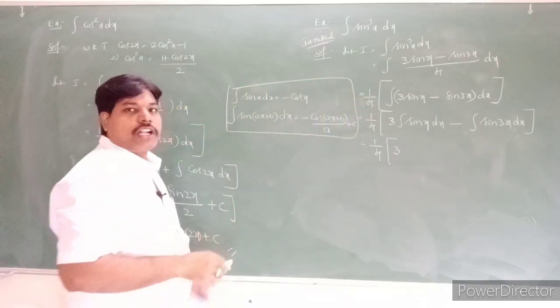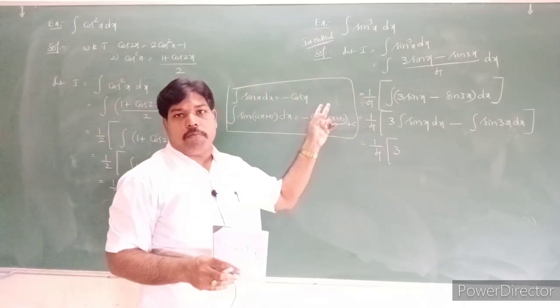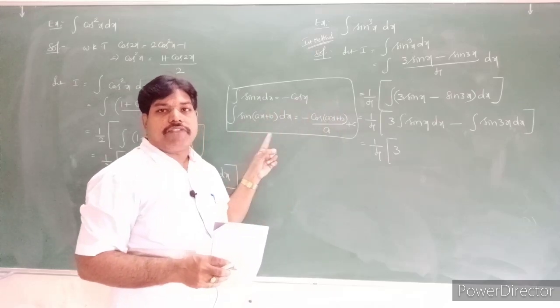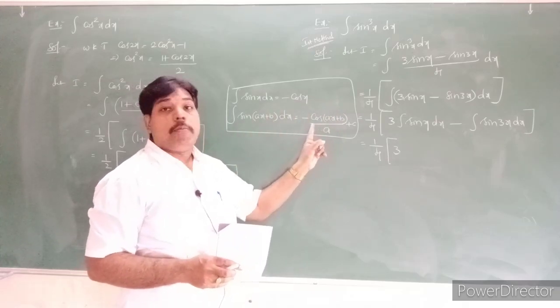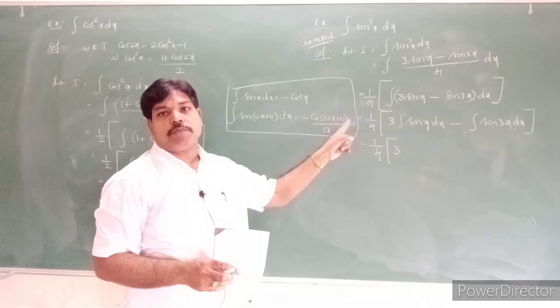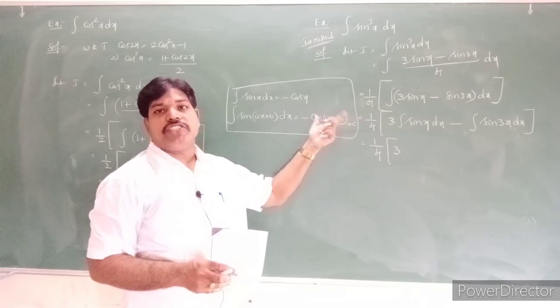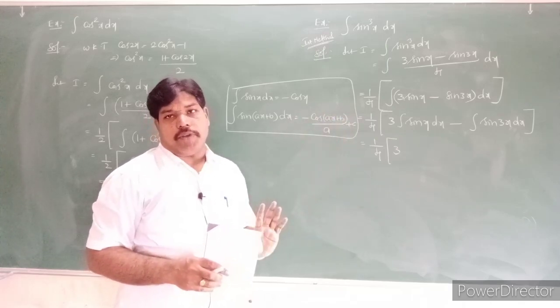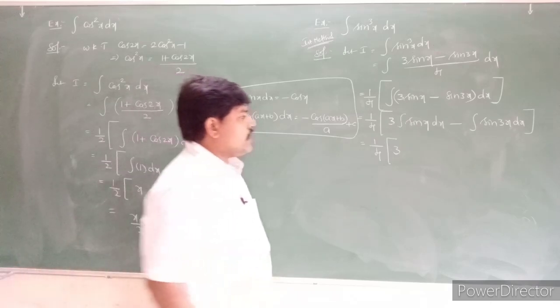So the integral of sin x into dx is minus cos x, and the integral of sin of ax plus b into dx is minus cos of ax plus b, with the derivative a in the denominator. Okay. So see that here, students.